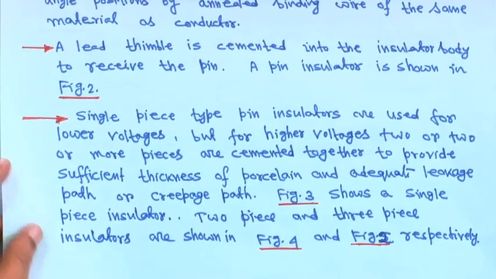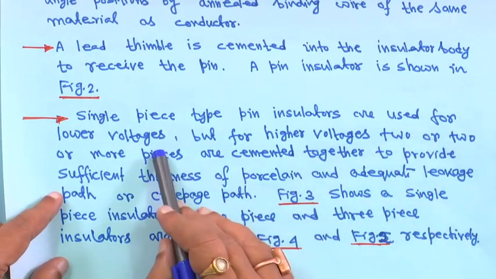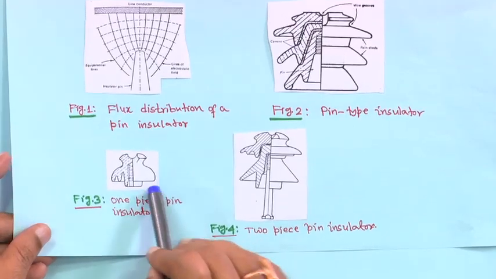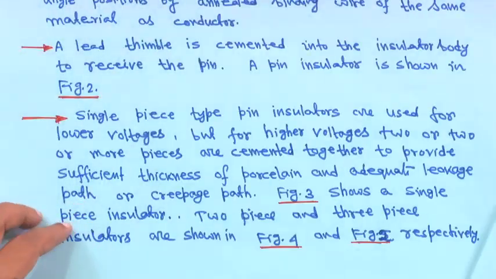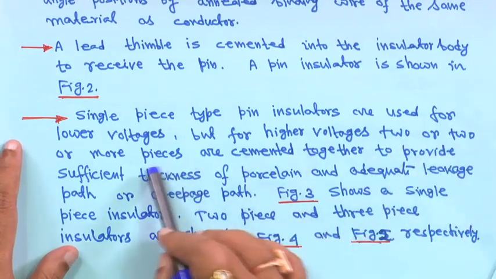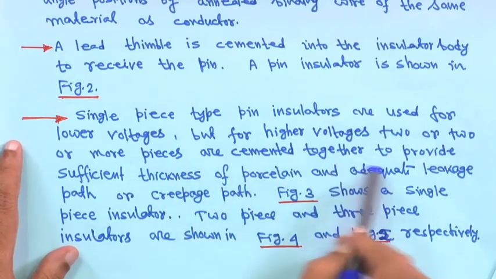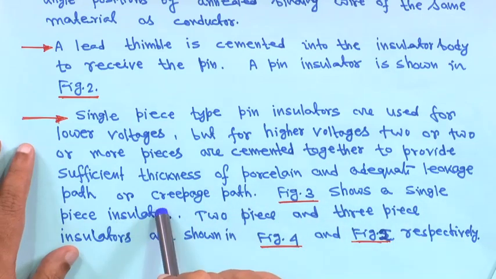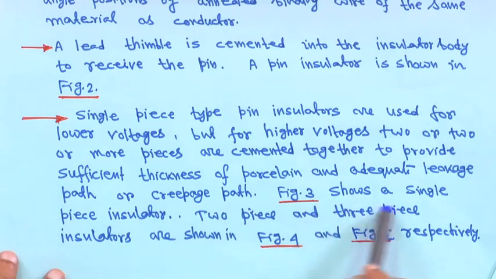Single piece type pin insulators are used for lower voltages. I showed you this diagram, that if you have a single piece, then this is for a lower voltage level. Then for higher voltages, two or more pieces are cemented together to provide sufficient thickness of porcelain and an adequate leakage path or creepage path. Figure 3 shows a single piece insulator, 2 piece or 3 piece.